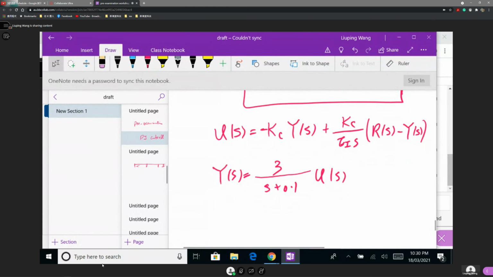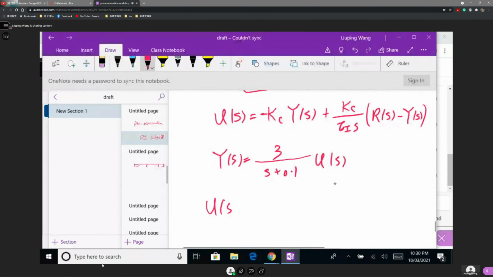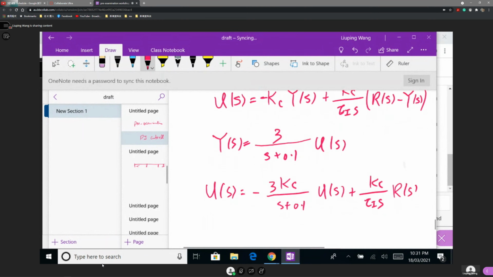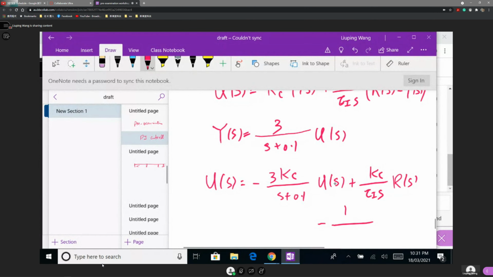So I put this in, and then you keep R of s, and then minus Kc over tau I s and 3 Kc s plus 0.1 times U of s, right?